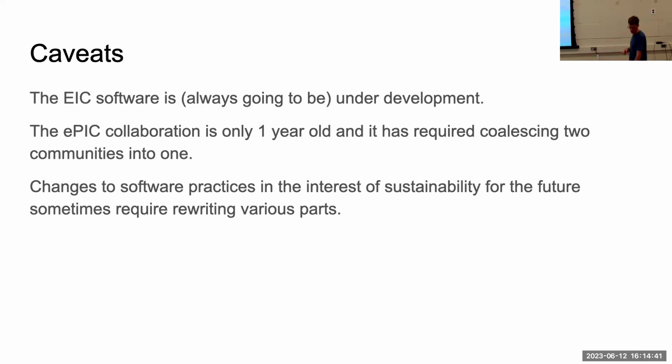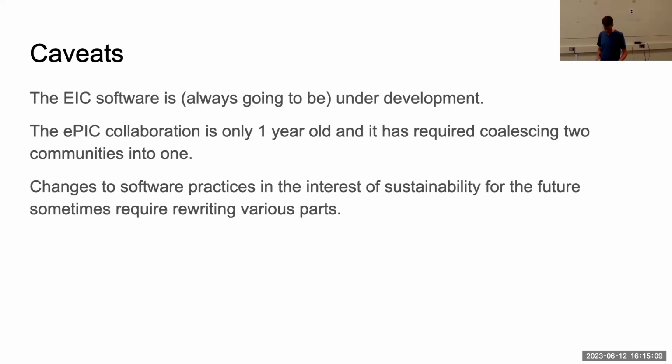And even though we've tried to reuse as much as possible, we've tried to keep duplication of work to a minimum, there is always going to be some level that stuff has to be rewritten. So even though there may be some gaps in what is currently possible, and even though you might think, well, but that works there, why can't we just use that? Sometimes there's good reasons for that.